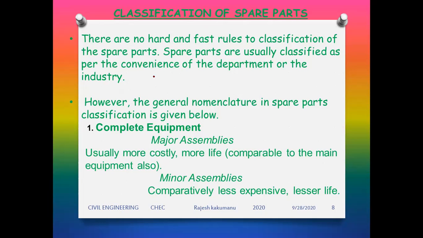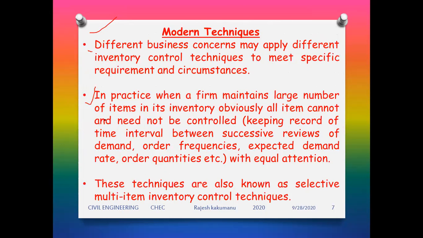What is the second point then? However, the general nomenclature of the spare parts classification is divided as first one, complete equipment. Okay, first one is a complete equipment. Second one is a different business equipment.